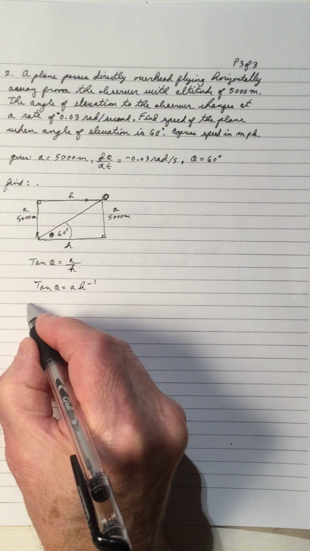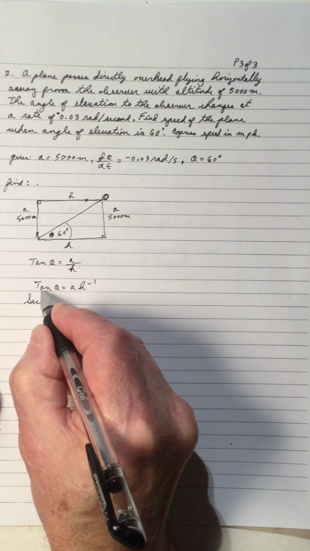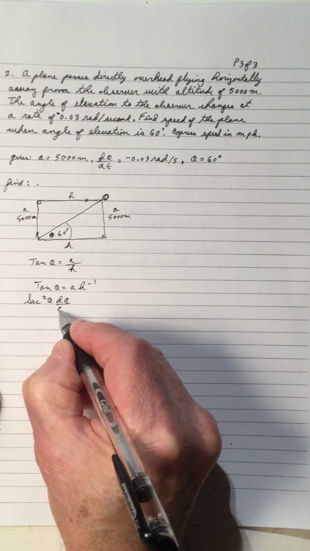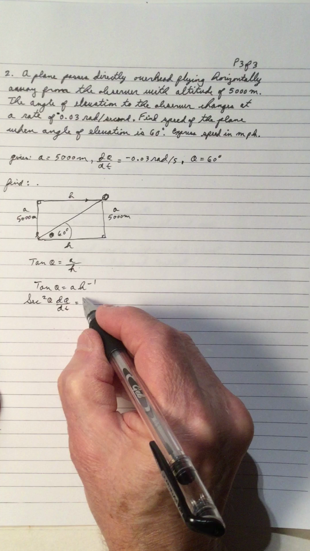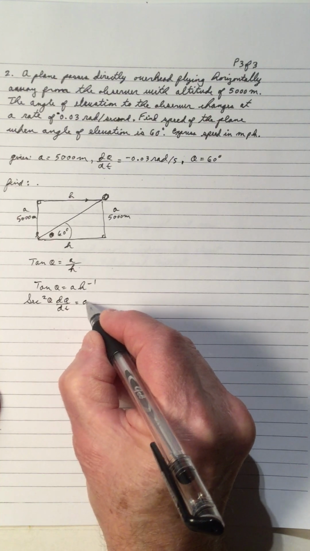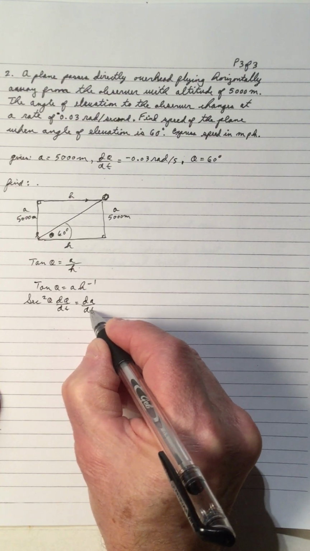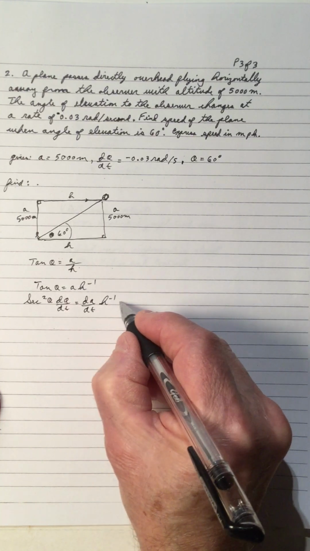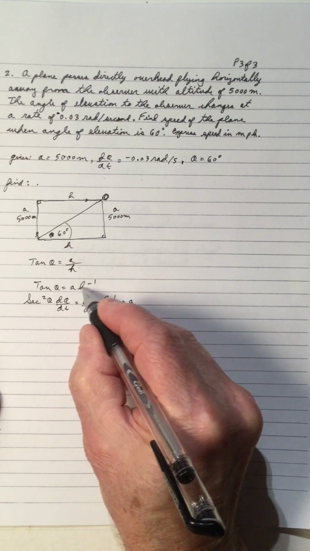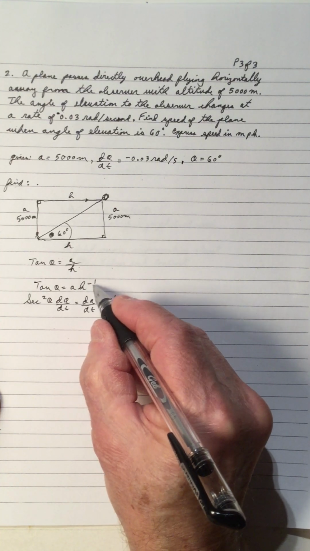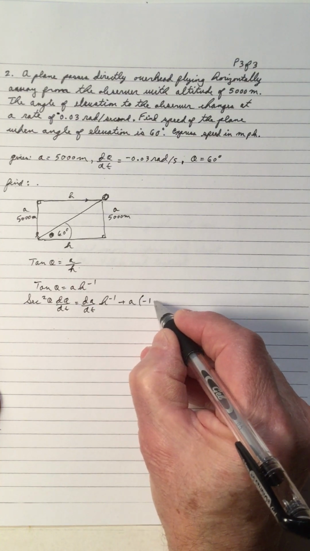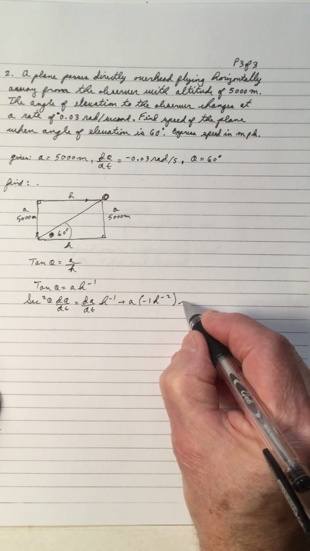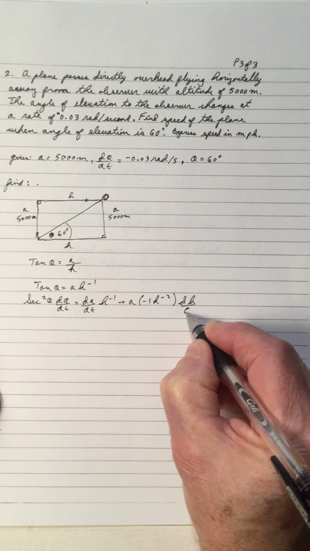So d/dt is, derivative of tan is secant squared, so secant squared θ dθ/dt. And so we have derivative of A is 1, so we have dA/dt times H to the negative 1, that's f and g. And we have A, derivative of H to the negative 1 is negative 1 times H to the negative 2, and dH/dt.